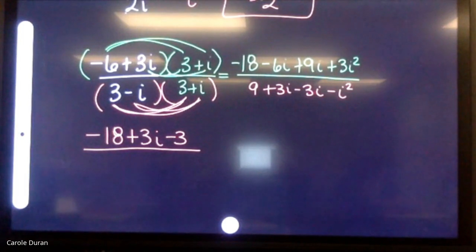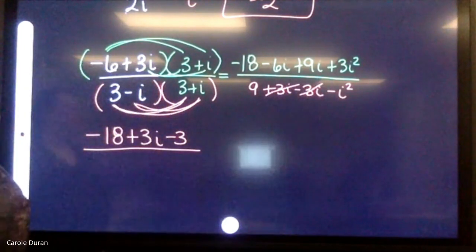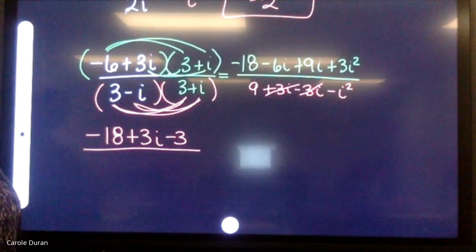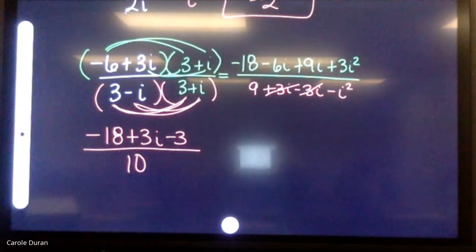What's going to happen in my denominator? Okay. Yep. And I'm going to do what with that positive 1? Perfect. Am I finished right here?